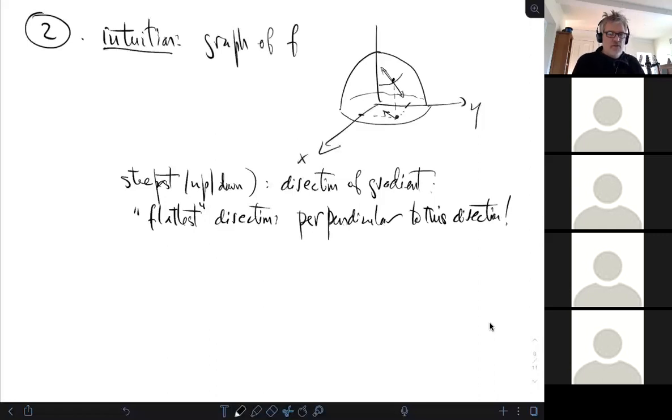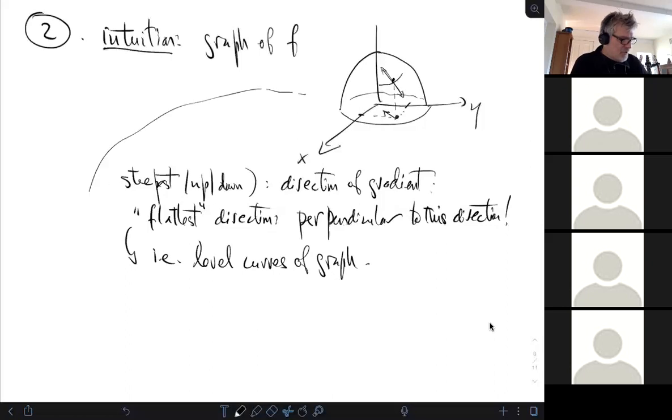Okay, so what are we saying? So what does it mean flattest? It means these are the level curves, basically, right? Okay, so if we look at this picture from the top, let's look at the domain now.